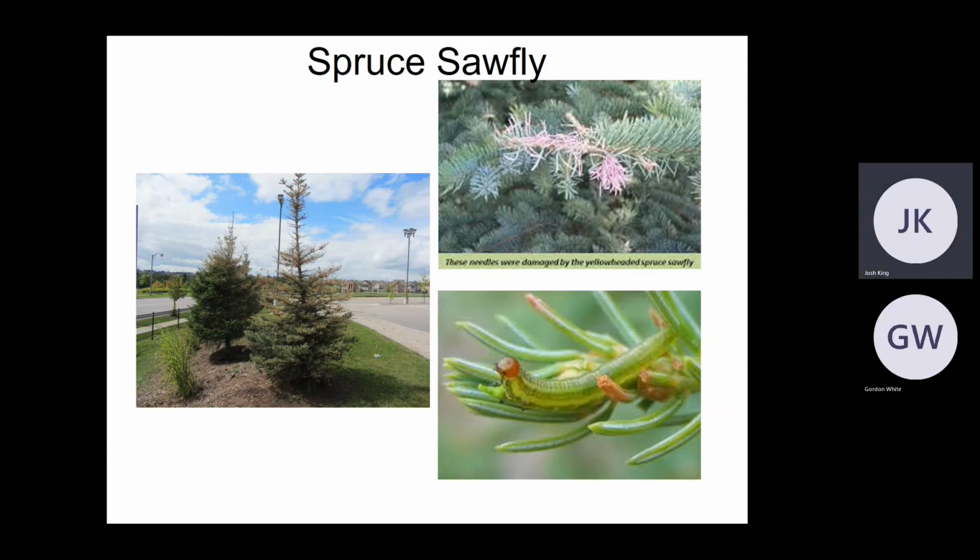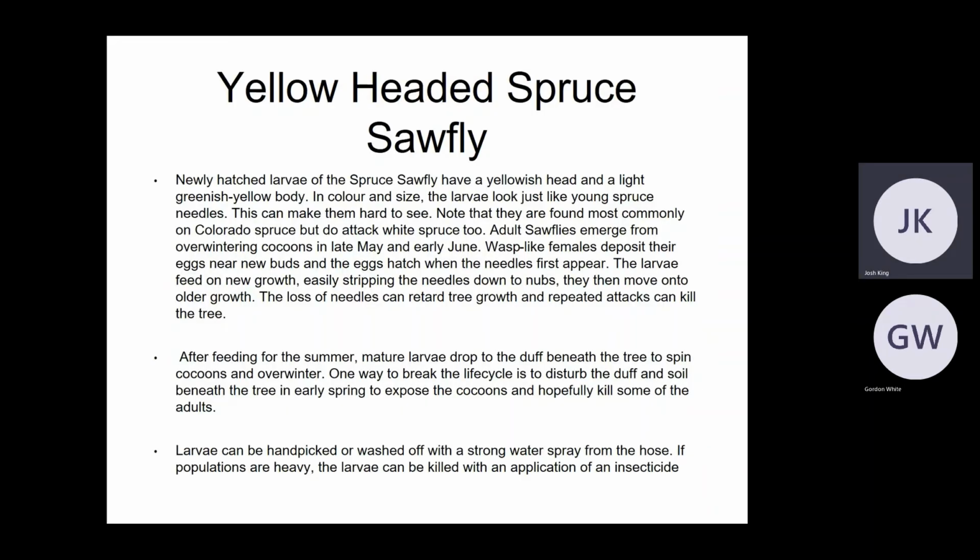We don't like to use sprays or chemicals at all if we can. Thankfully, this one's not given us much grief lately, and I think it could be a climate thing. I'm not quite sure. It's one you may encounter, and if you do, you should do something about it.